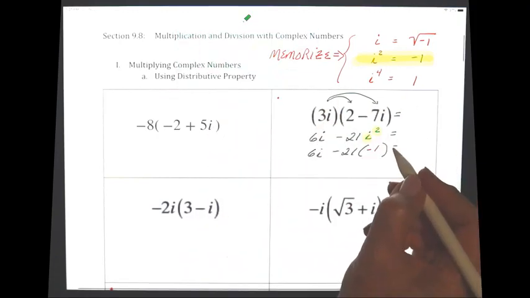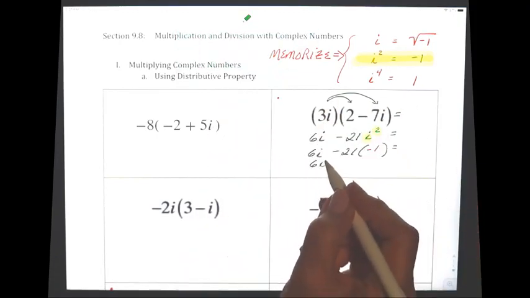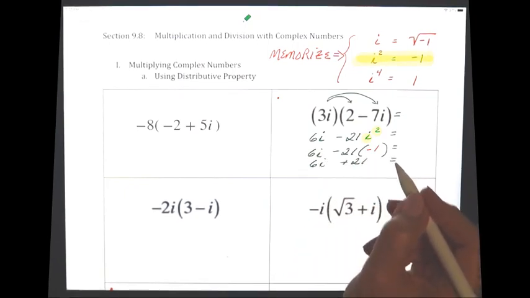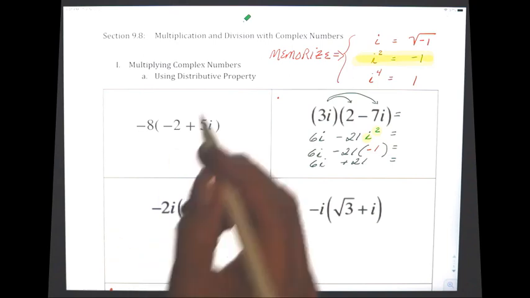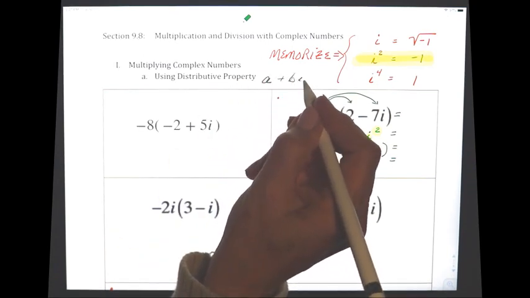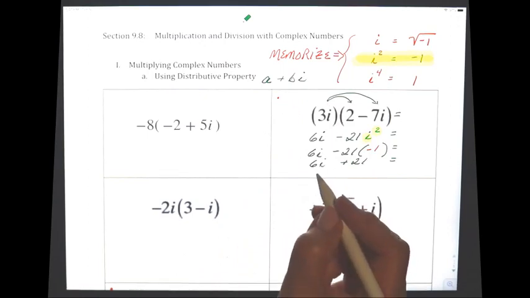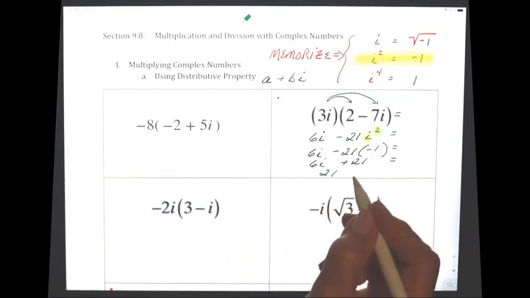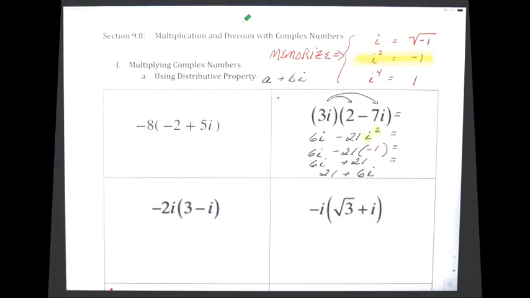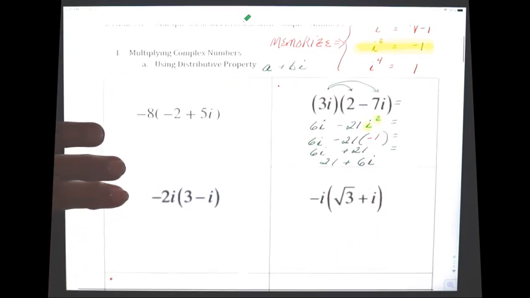And when I do the arithmetic, you'll see that I end up with a 6i plus 21. And since I like to put these in complex form, that is the real part first and the imaginary part second, I'm going to start out with the 21 and then write the 6i in the second position. So this is a complex number. Real part is first, imaginary part is second. So that was using the distributive property.